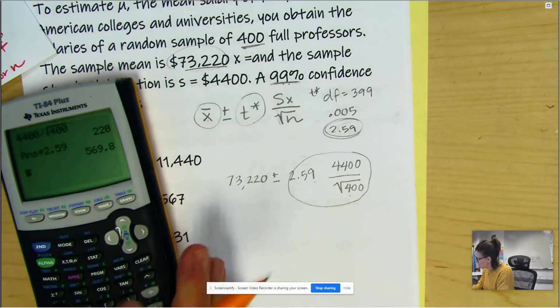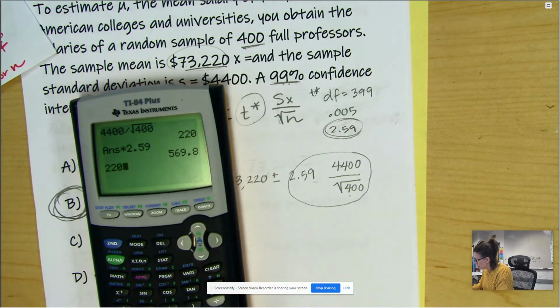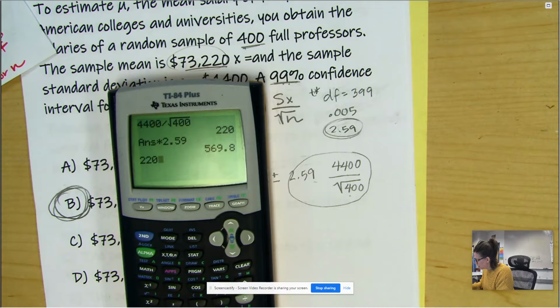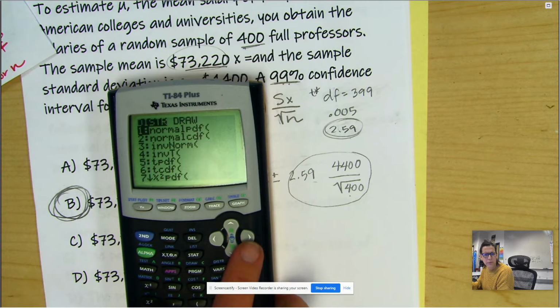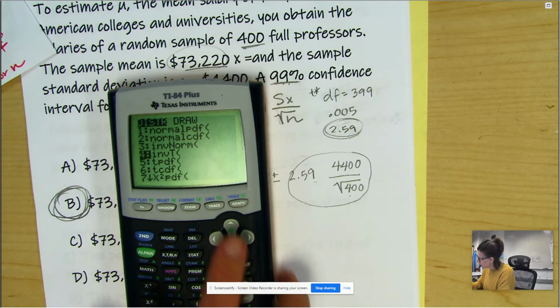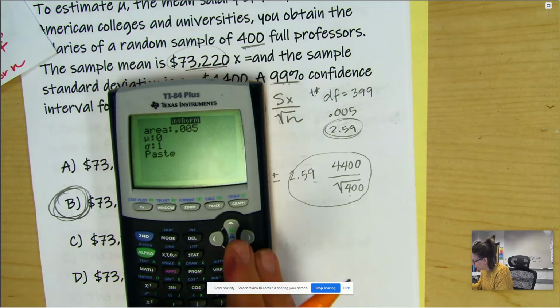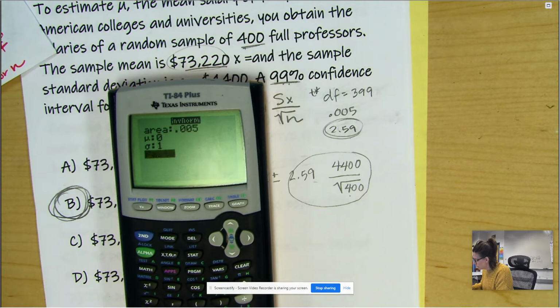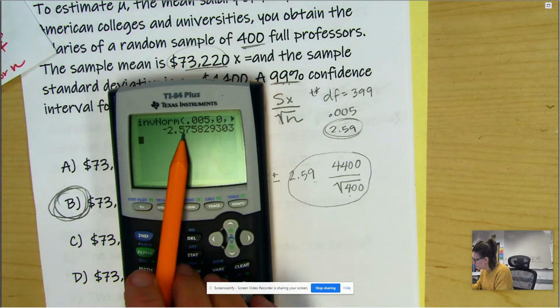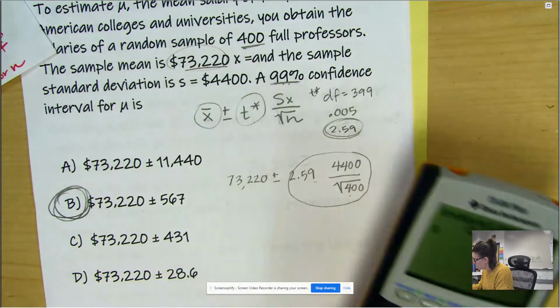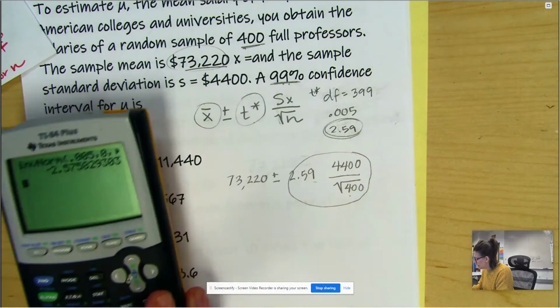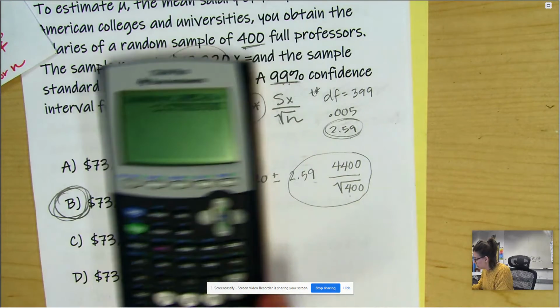And then when I changed this to the inverse norm from the normal distribution table, I was seeing whether it would give me the answer on the key. I still didn't get it. If we had 2.57, that rounds to like 2.58, but even if I did 2.57, okay, let's try it.